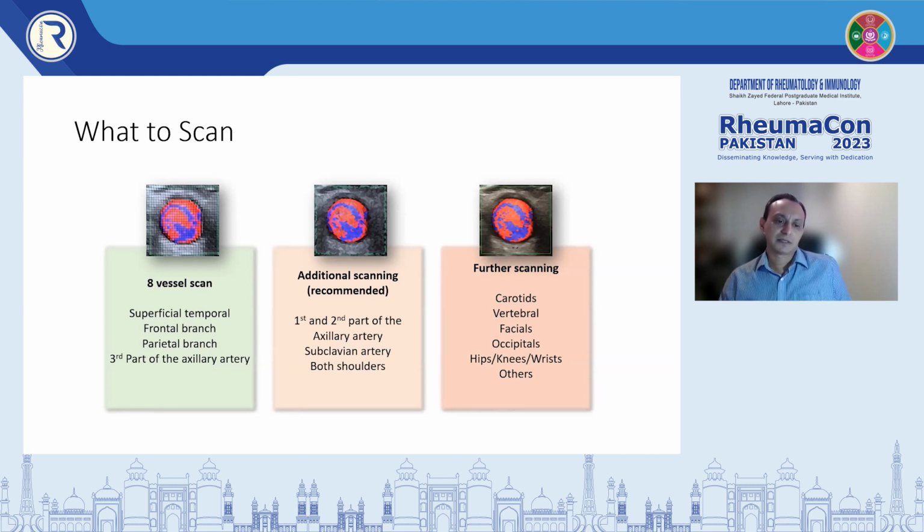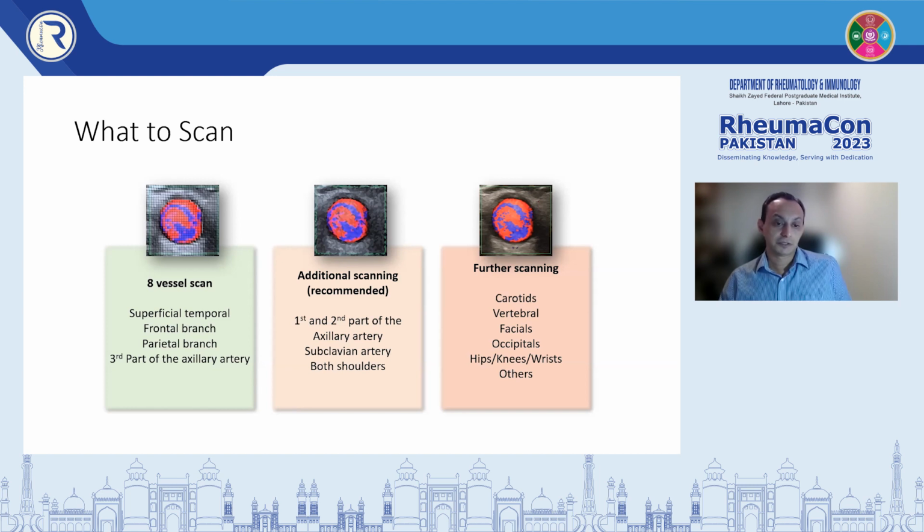Personally speaking, at our center, we do some additional scanning, and we strongly recommend that because the larger the sample that you're taking, the more confident you are in making or refuting the diagnosis.